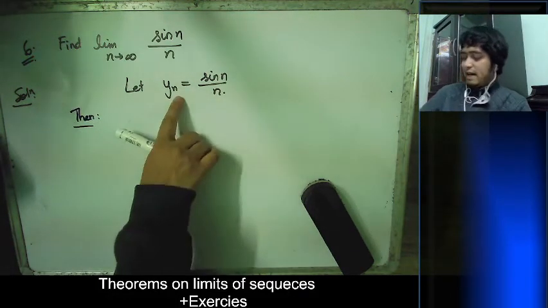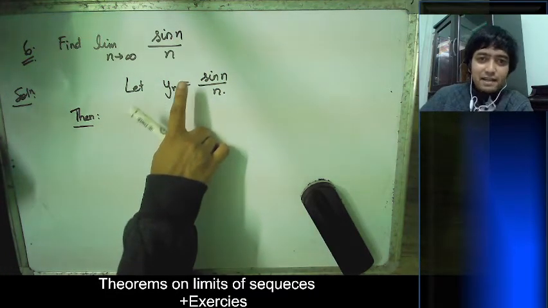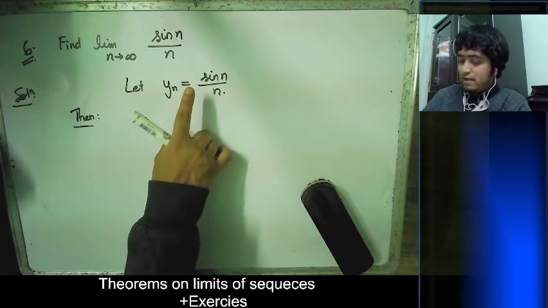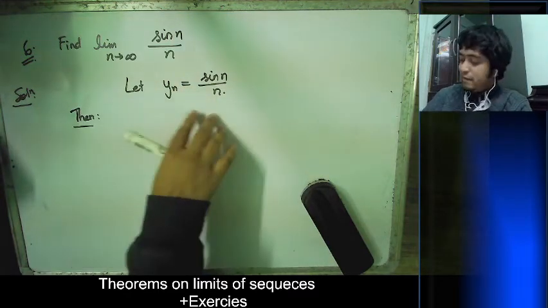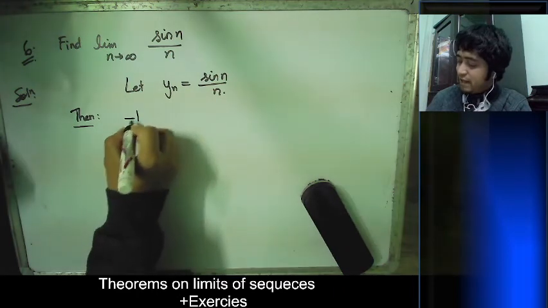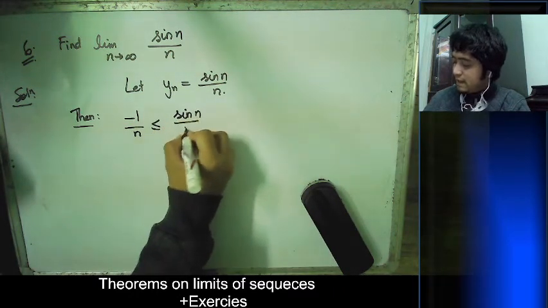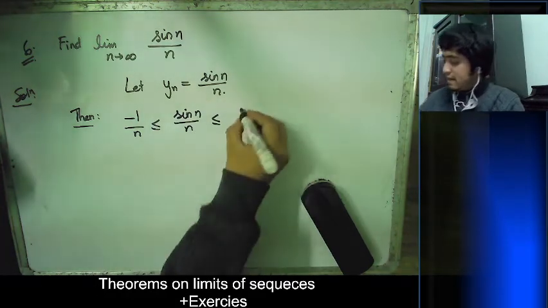The highest value of sine is 1, and the minimum value of sine is -1. So you will be having this: sine n by n is less than this.